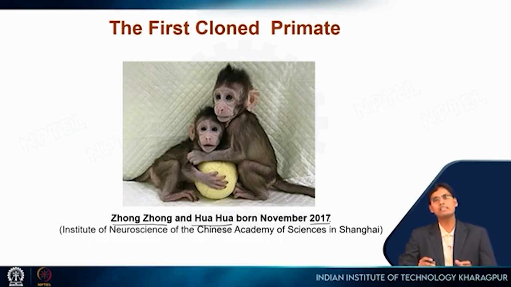So the advancement in technology and understanding in science is working fine. But now the question is about ethical issues: what we should do and what we shouldn't do. That is the more important question here.